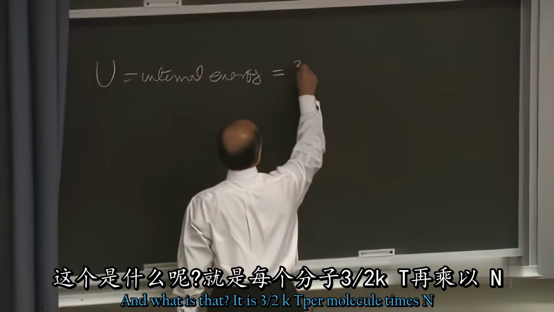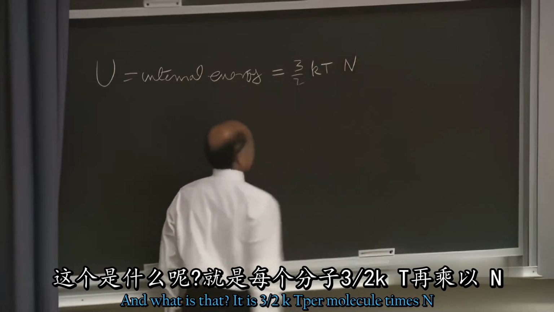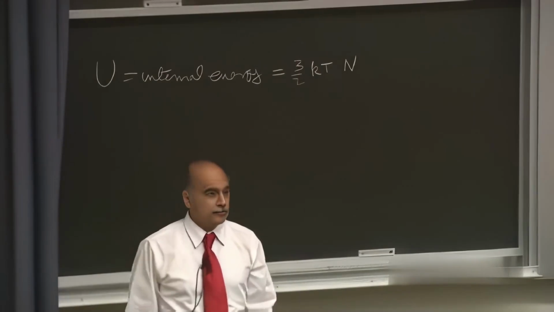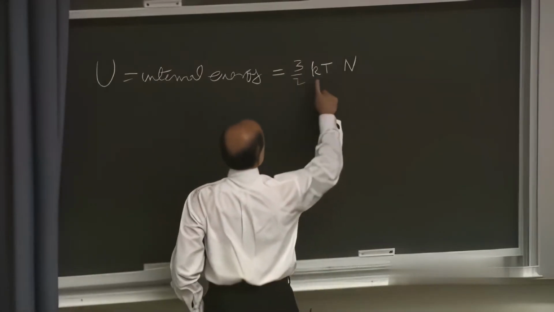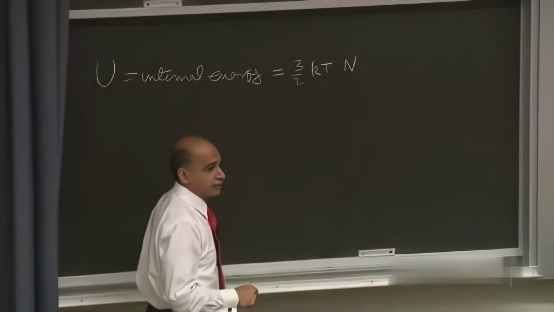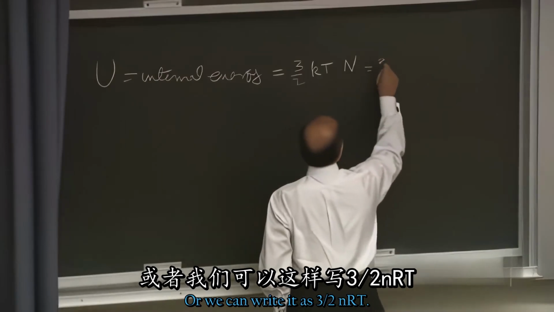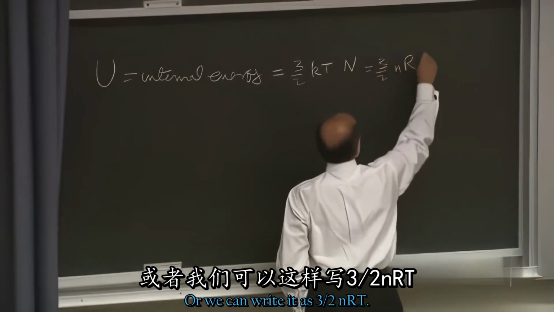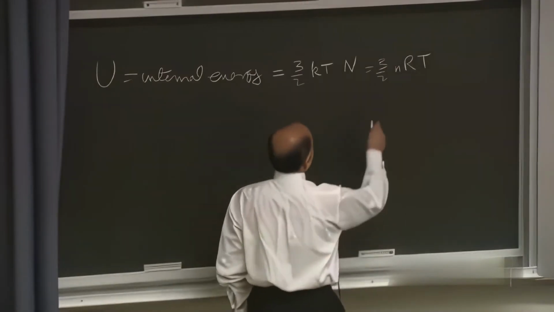And what is that? It is 3/2 kT per molecule times n. I'm sorry, 3/2 nkT. Or you can write it as 3/2 nRT. But nRT is PV.